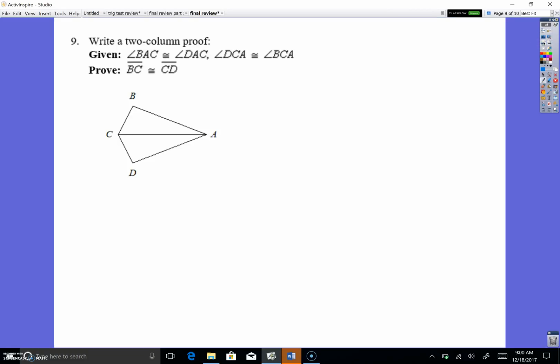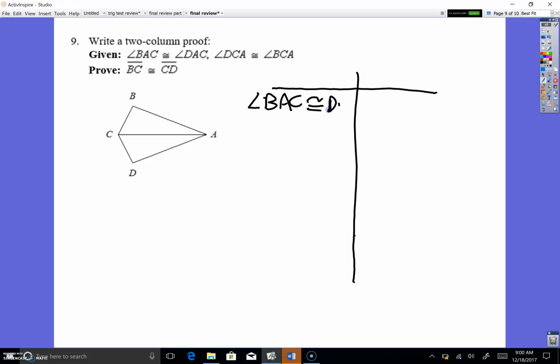The last one is a two-column proof. I'll try to do this very quickly because we're running out of time. Angle BAC is congruent to DAC, this is what we're given.